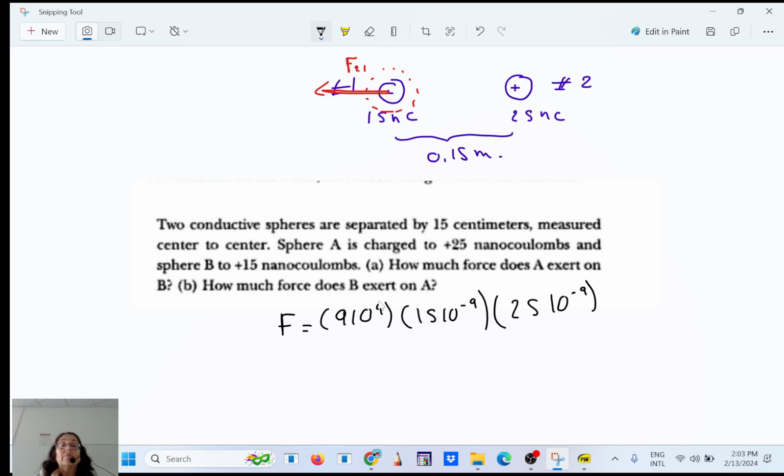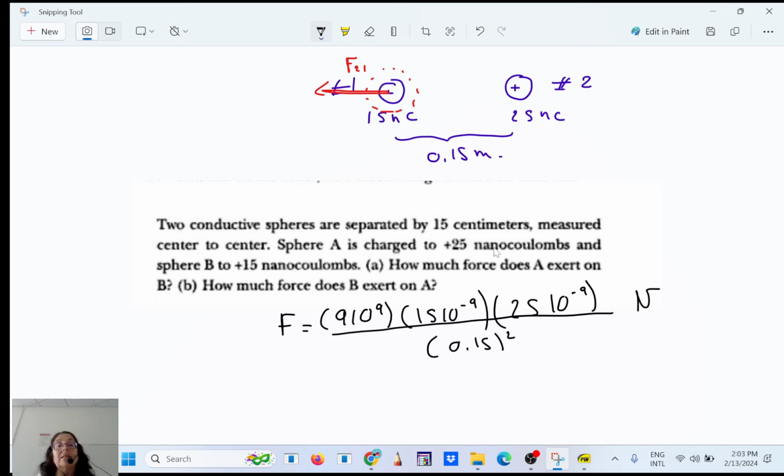You don't need to put a times, you just use parentheses, and the TI understands that you are multiplying, and that will be over the distance squared. You can do that on your own. By the way, in the Dropbox, you have all the tutorials for all those problems. If you need additional help, I've done the tutorials for every single problem, I think.